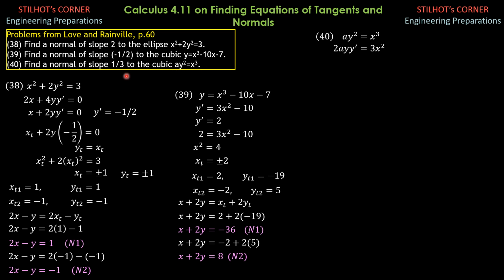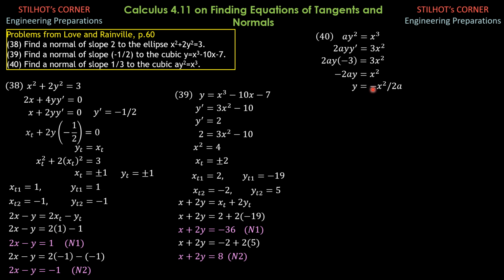If the slope of the normal is 1/3, the slope of the tangent y prime is the negative reciprocal of 1/3, which is negative 3. So 2ay times negative 3 equals 3x squared. Cancel out 3. So that means y is negative x squared over 2a.